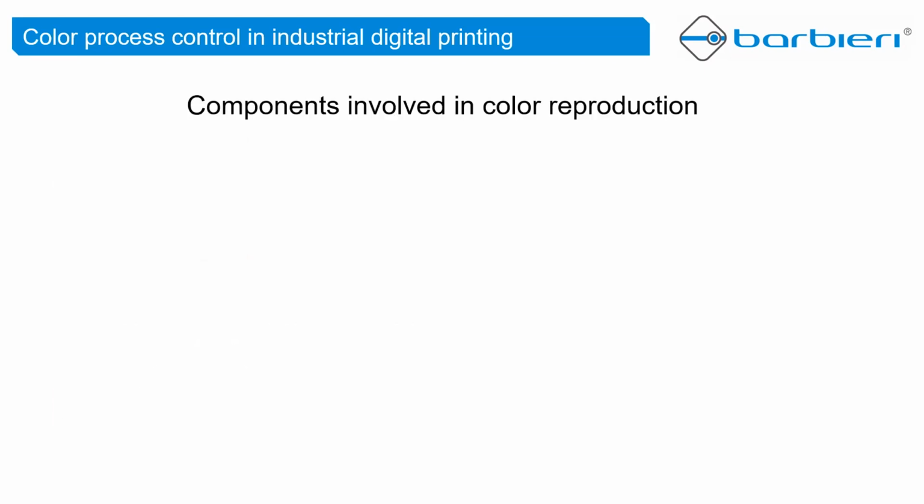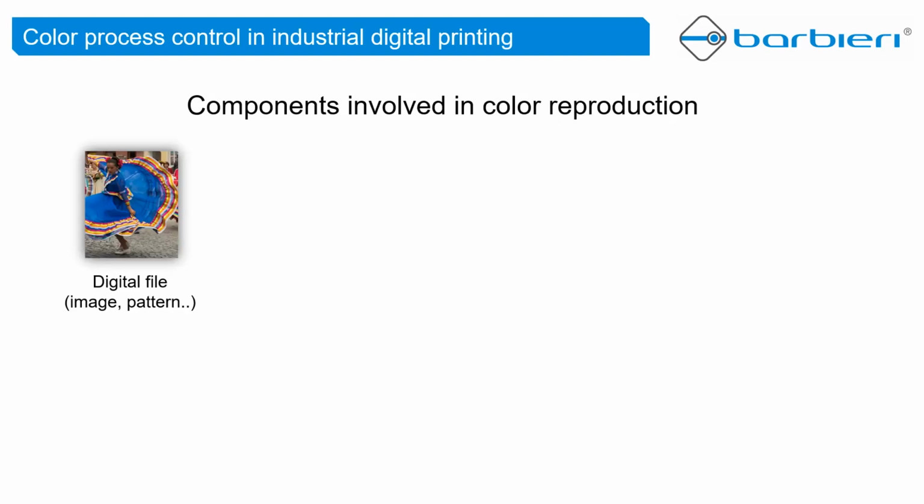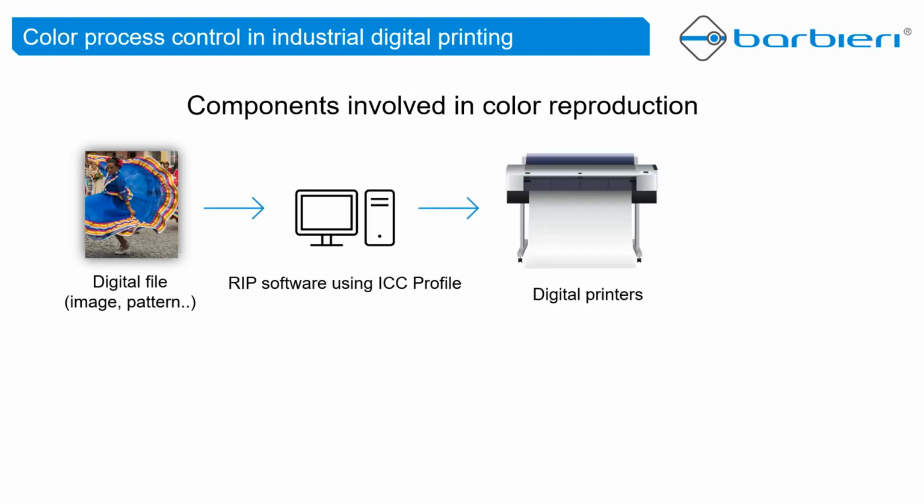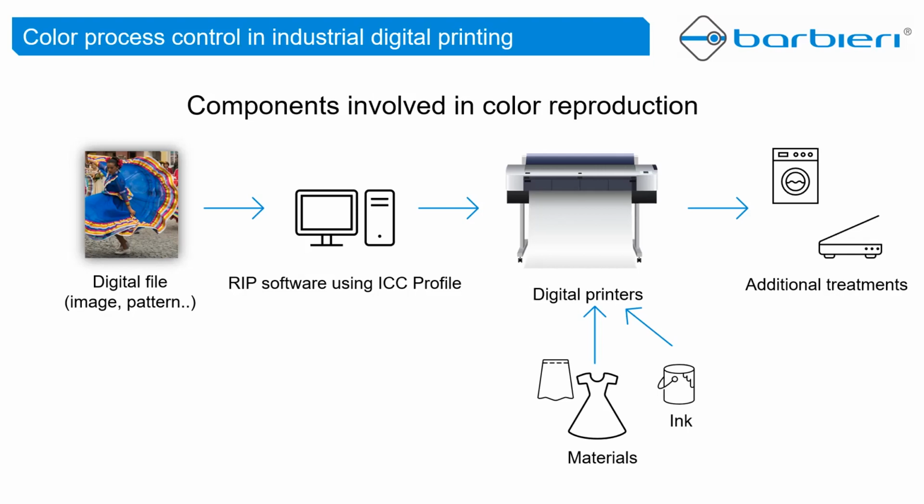The components involved in color reproduction: it all starts with a digital file, image, or a pattern, RIP software using ICC profiles, digital printers, which are fed with different materials, different inks, and additional pre or post treatments.